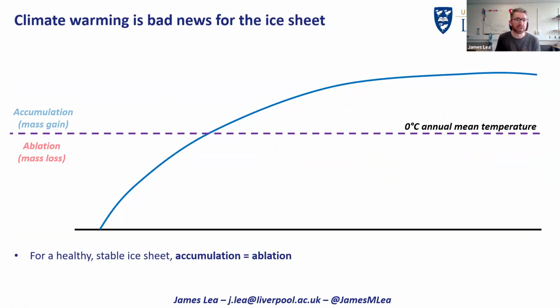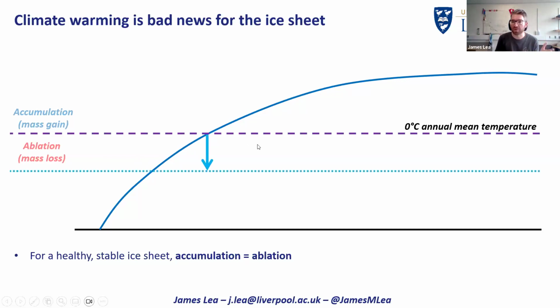In an ideal world, an ice sheet should have equal amounts of accumulation above the 0-degree isotherm, and that should equal the amount of ablation or mass loss that happens below the 0-degree isotherm. However, if we were to lower this isotherm, so if we were to decrease the annual temperature, then this would decrease the area that's melting, the ablation area.